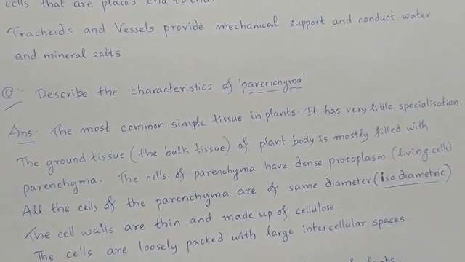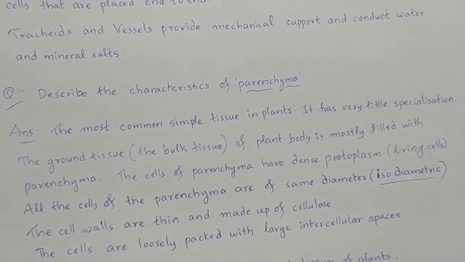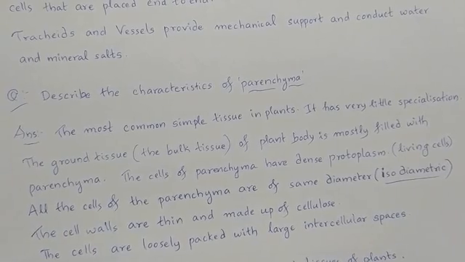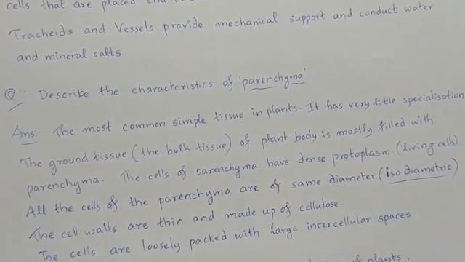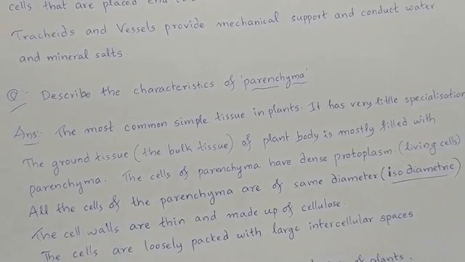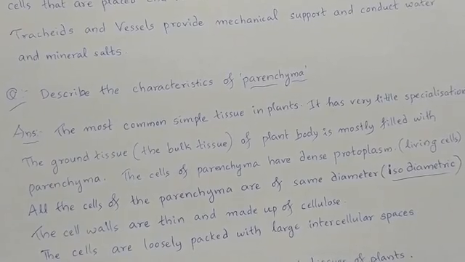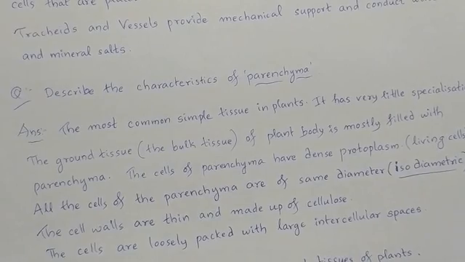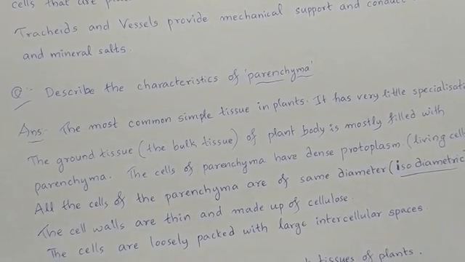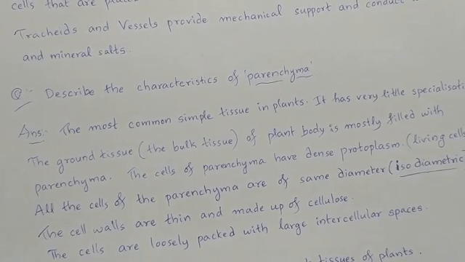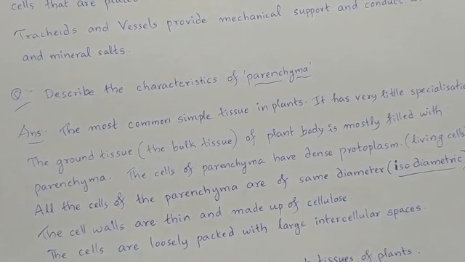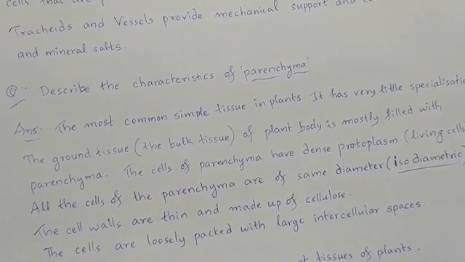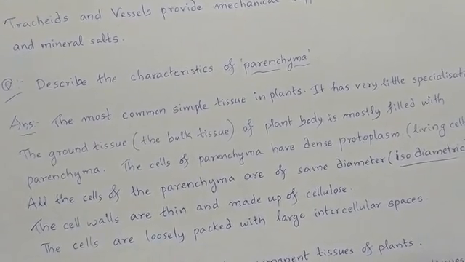Describe the characteristics of parenchyma. Parenchyma is one of the simple permanent tissues, and it is the most common simple permanent tissue in plants. It has very little specialization. The bulk of the plant tissue is made up of ground tissue, and this ground tissue of the plants is mostly filled with parenchyma.